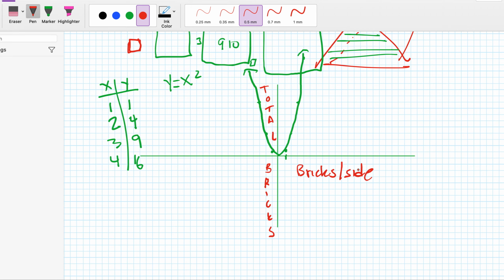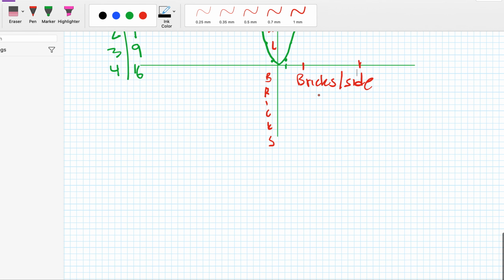And so we could very quickly see, okay, I wanted to find a 1, 2, 3, 4. A 4 by 4 brick would make 16. I can quickly and accurately, like a times table, find how many total bricks I would need. Let's say I went to 10. Well, it would be up here, it would be 100. A 10 by 10 brick would be 100. The 10 and 10 are the roots of the sides.